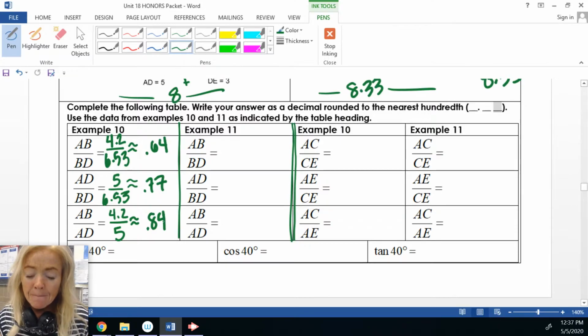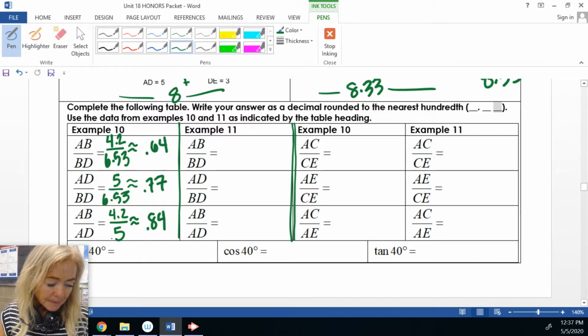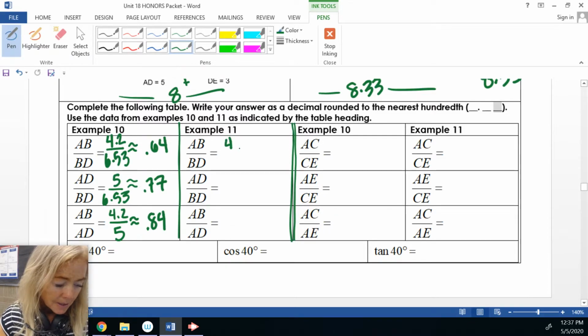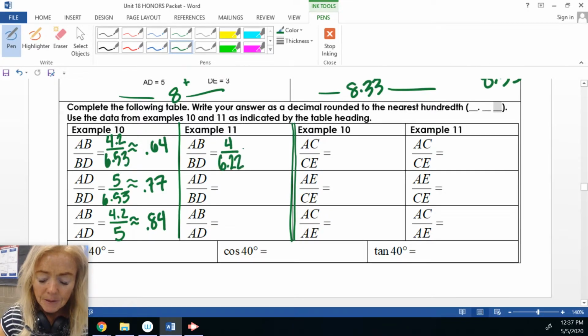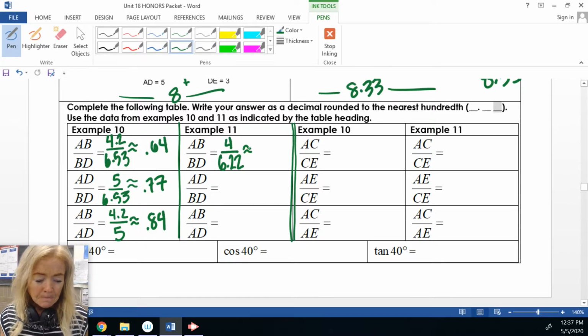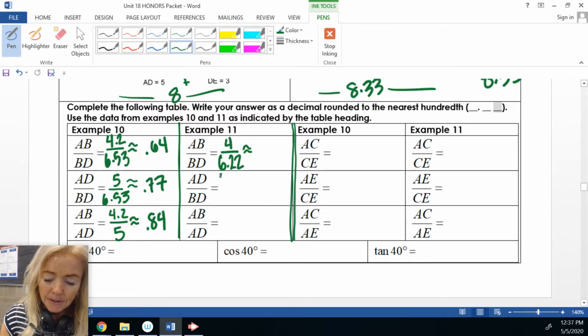Okay. Now let's look at example 11. AB is along the top, along the vertical side there, and it's 4. And then BD is 6.22. And then AD is 4.76.